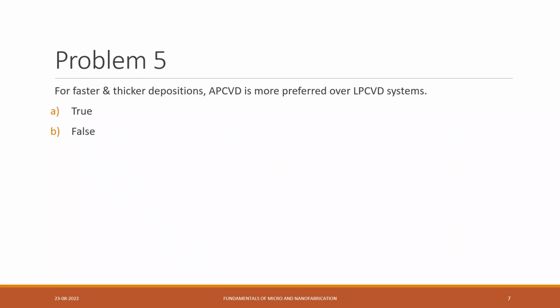So an APCVD system is atmospheric, at one atmosphere pressure, while LPCVD is low pressure.